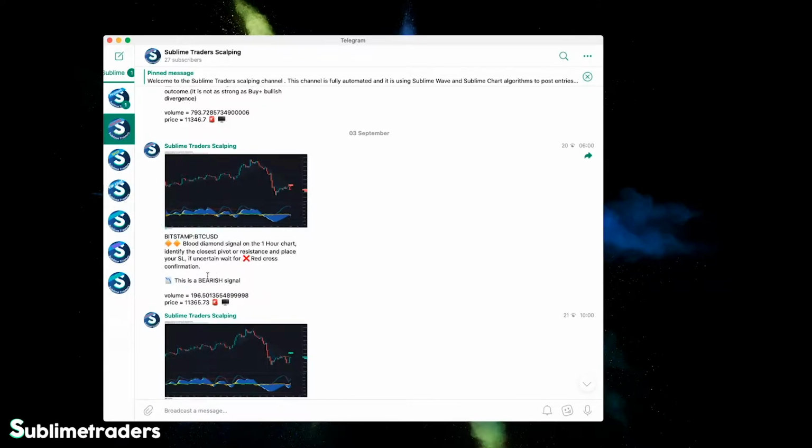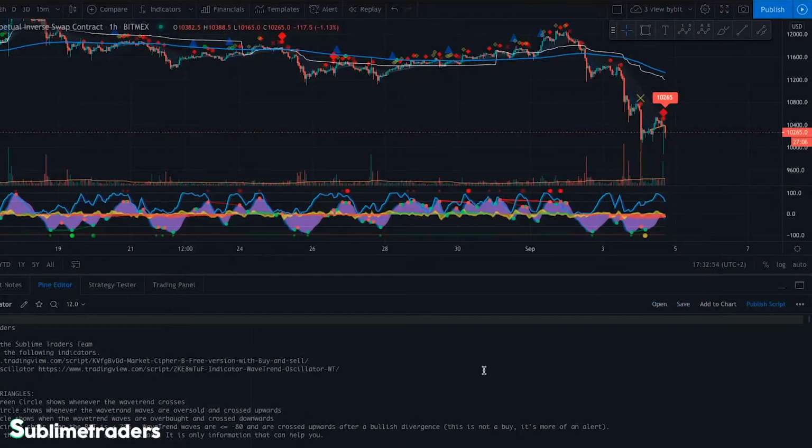If you want more information about this type of signal, you can also go to our blog and search for scalping, and you will find the scalping article that we created especially for this. In the bottom part of the chart, you can see that we have a wave-like structure.